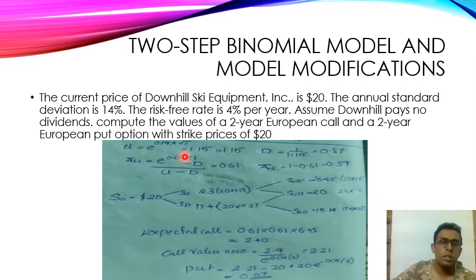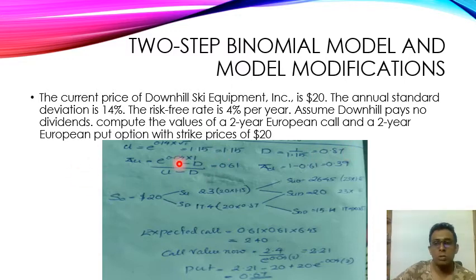So while computing U and the probability of the upstate at year 1, we take T as 1. Then we take this again and arrive at the next year's probability and upstate value of the stock. So U is equal to e raised to sigma into root T. Sigma is given as 14%. So e raised to 0.14 into root of 1 is equal to 1.15 and D is equal to 0.87.